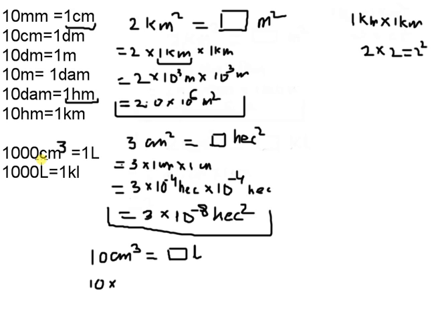Now I can say that 1 centimeter cube is 1 by 1000 of a liter. If you bring this 1000 over here, that means you're dividing 1 liter into 1000 equal parts and taking one part, and that is our 1 centimeter cube. That means a 1 liter bottle containing water has 1000 equal volumes of 1 centimeter cube.